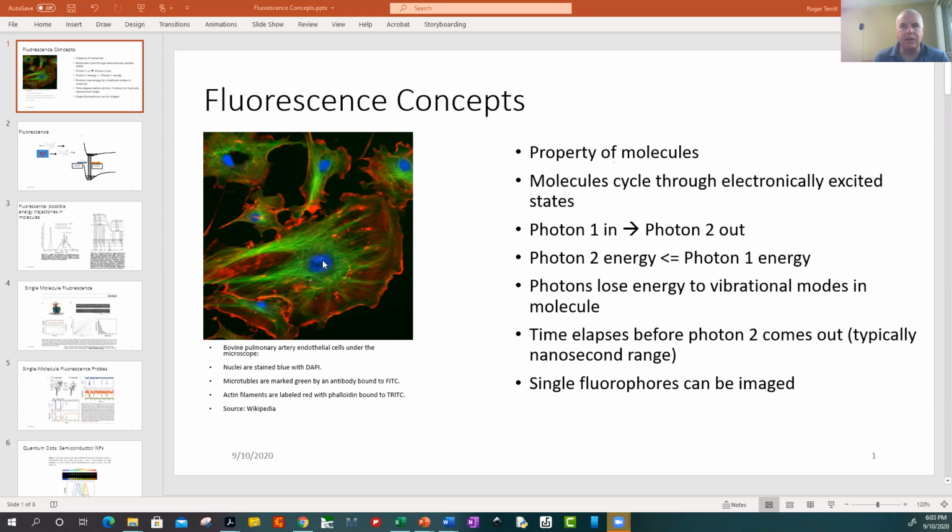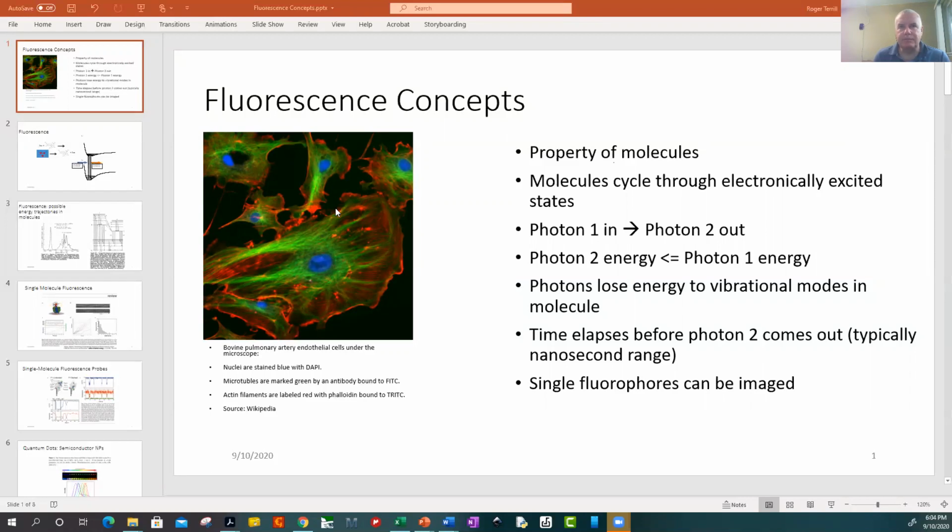The blue is from the DAPI, and they tend to stain nuclei, right? Then microtubules, which are filamentary, thought to be support structures within the cell, pick up the green dye. And then actin and myosin, which are 2 parts of the muscle actuation within muscle cells, are stained red, right?